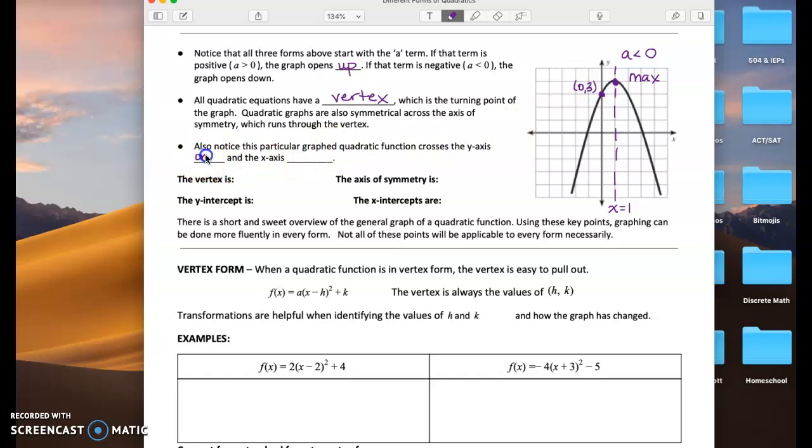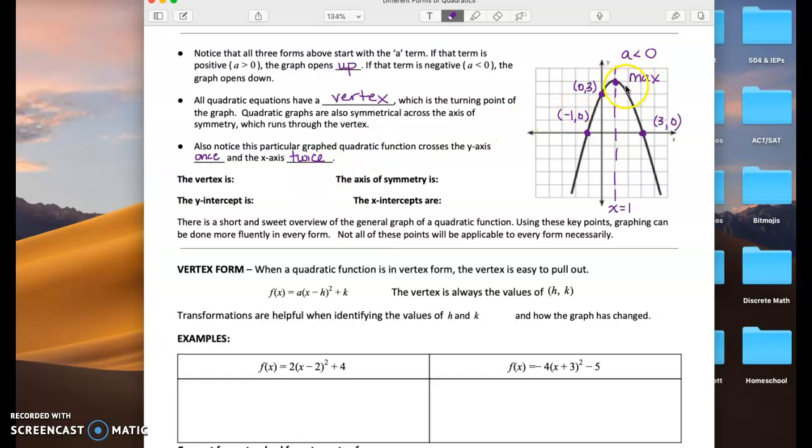So it's only going to cross the y-axis one time, but we're going to have two x-intercepts. So this one looks like it's maybe a little bit past, but we'll say that one's at -1, 0, and this one is at 3, 0. So this one is going to cross the x-axis twice.